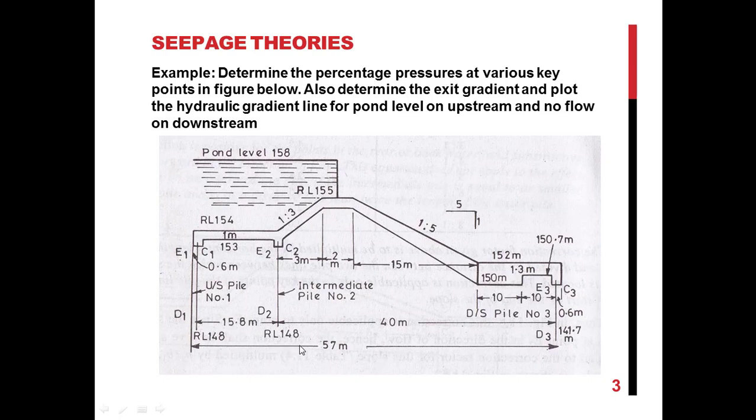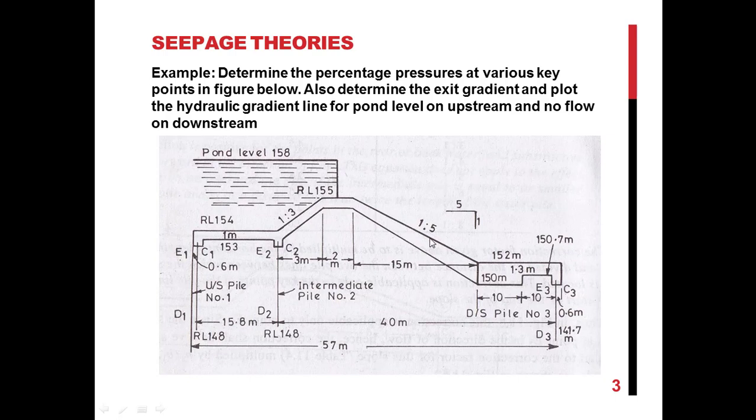Similarly, the reduced level of the intermediate pile is 148 meters, while the slope is 1:3 at C2, and the reduced level at the end of the slope is 155 meters.